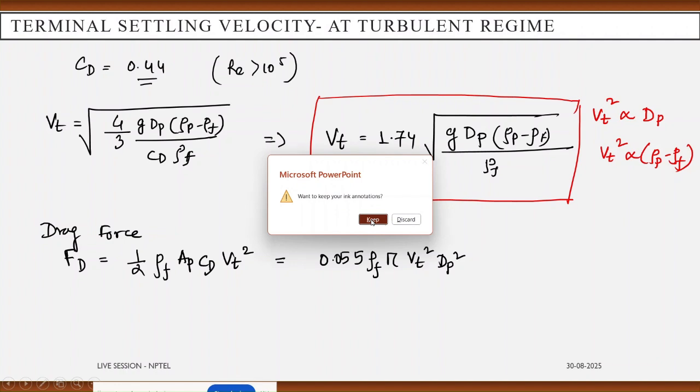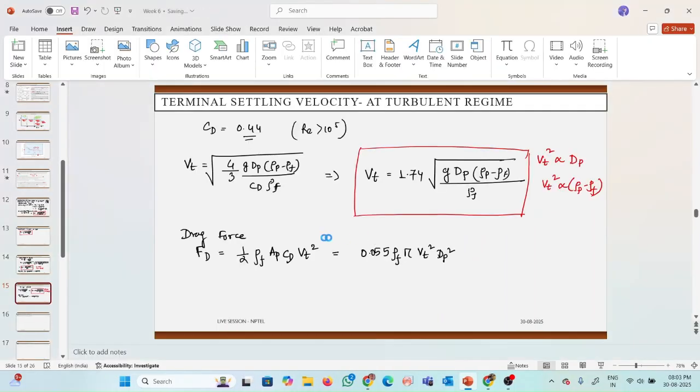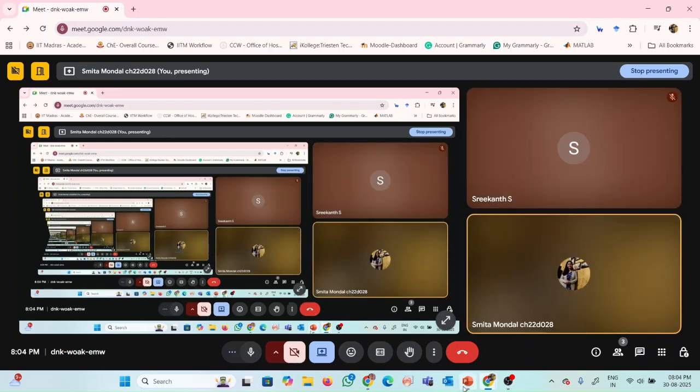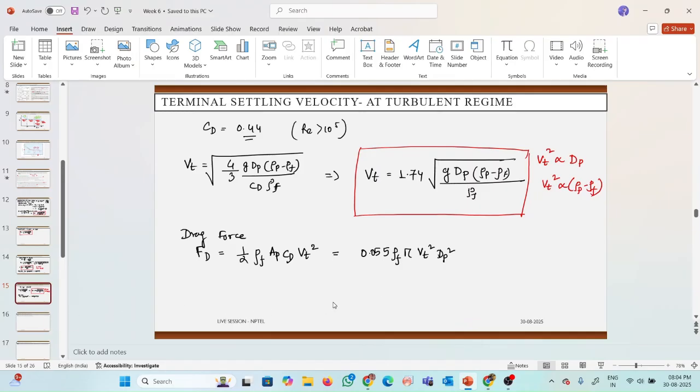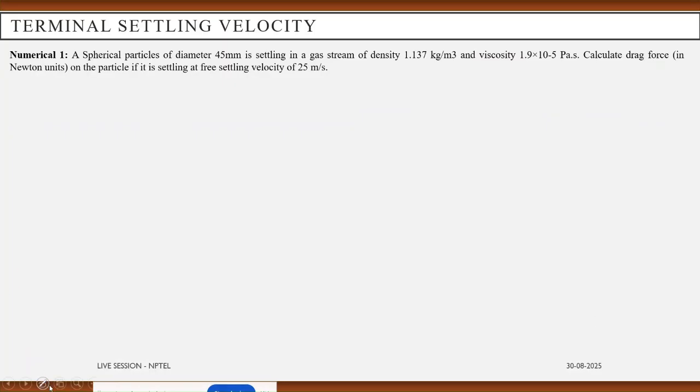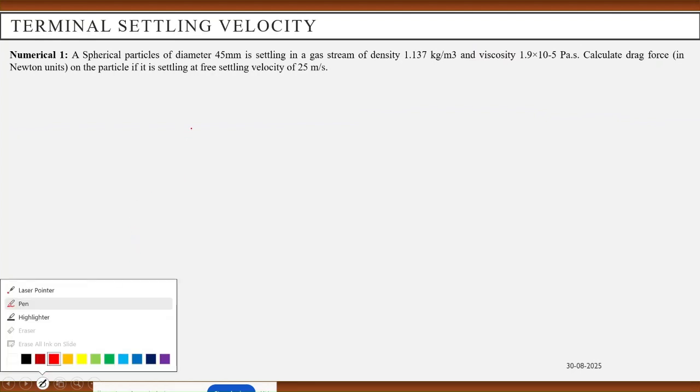So this expression that we have derived will be used to do the numericals. So for this case, we are going to solve our first question for this session. Let us solve this first question on the terminal settling velocity.